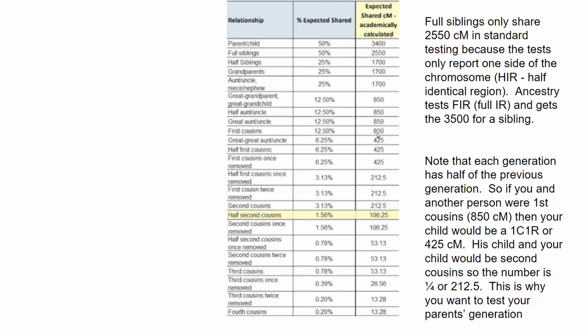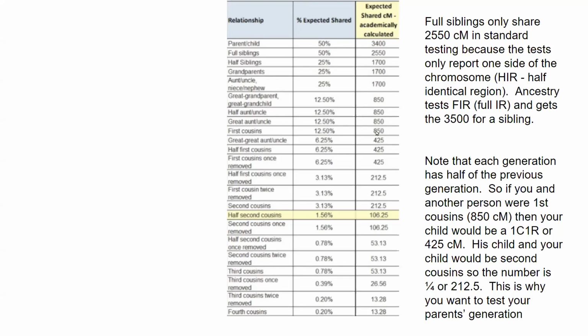If first cousins are 850 centimorgans, a first cousin once removed means that instead of my first cousin being the person who did the DNA analysis, it was his son. So his relation to me is now a first cousin once removed. Well, he got half of his dad's DNA, so therefore he has 425. That should make complete sense.